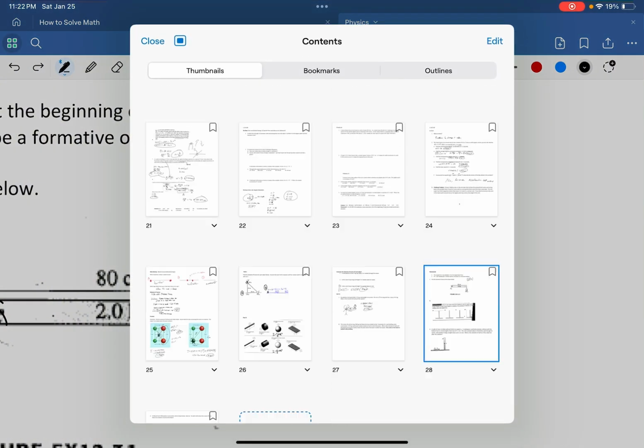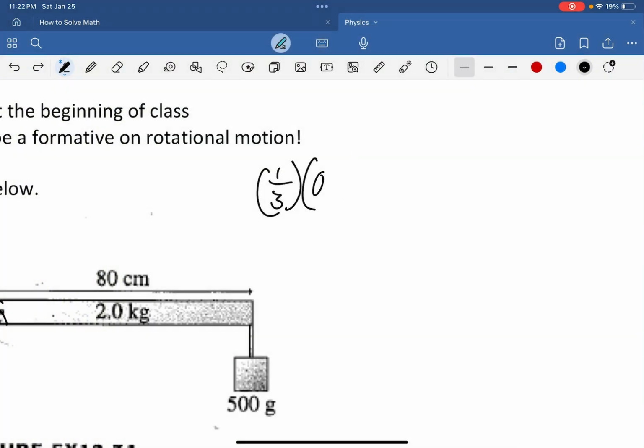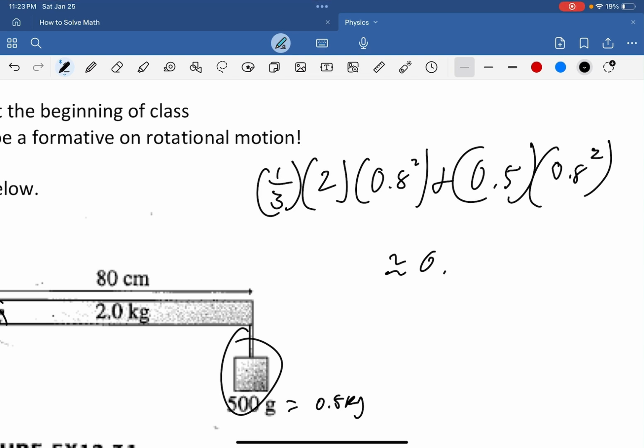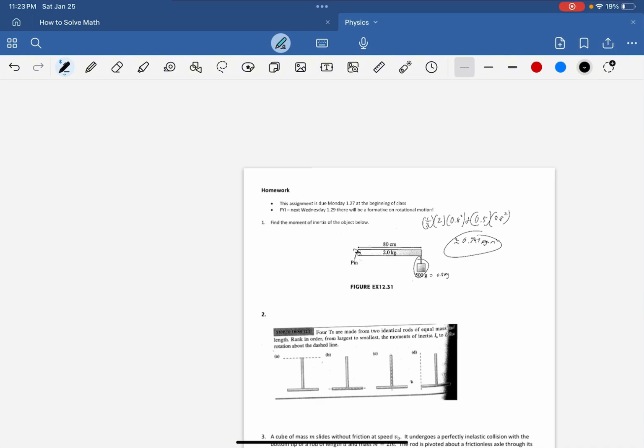It's actually first the mass, and then 0.8 squared, plus, and then here's our little thingy. Now this is equal to 0.5 kg. So 0.5 times 0.8 squared, which is going to be around 0.747 kilograms per meter squared once you put that into a calculator.